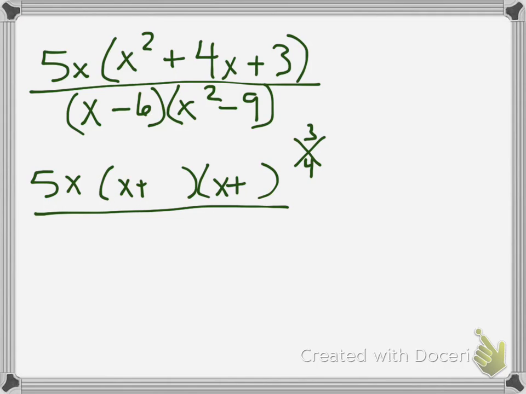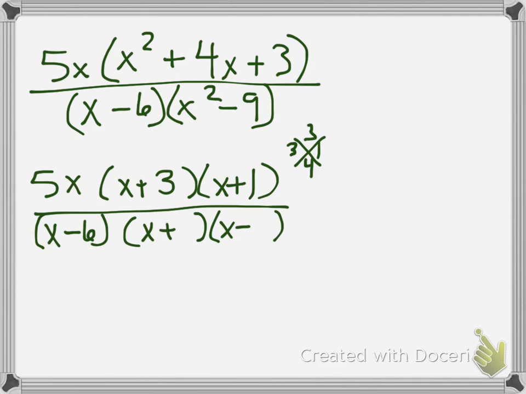Well, 3 and 1. Because those are the only two numbers that multiply to give you 3 anyway. So 3 and 1. The x minus 6, you can't do anything. It's linear. The x squared minus 9, there's a special one that we did with that. That would be x plus, x minus, and just take the square root of 9 and you got 3.